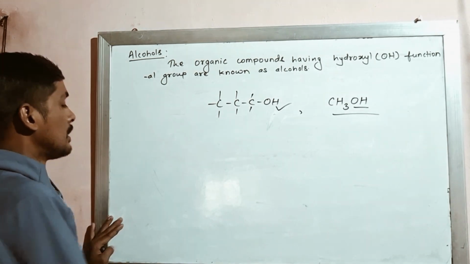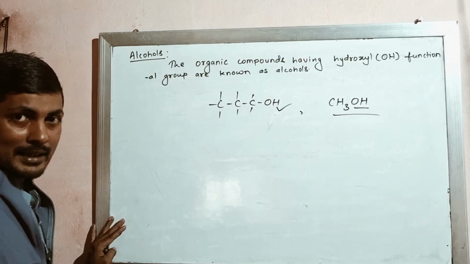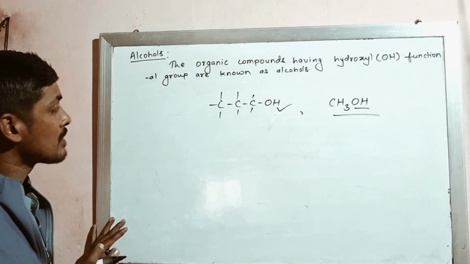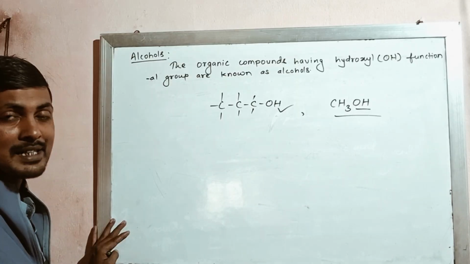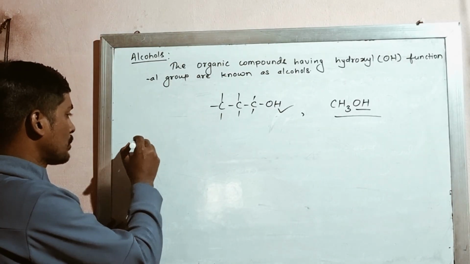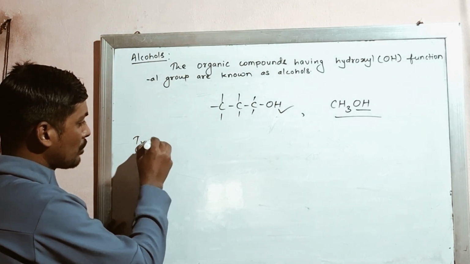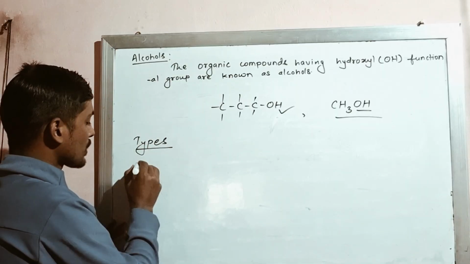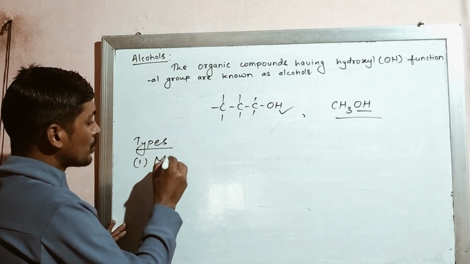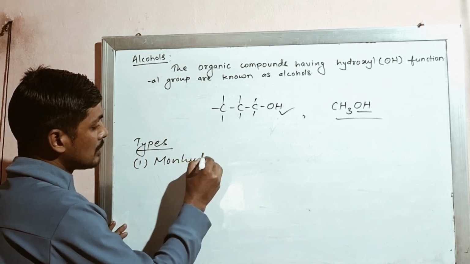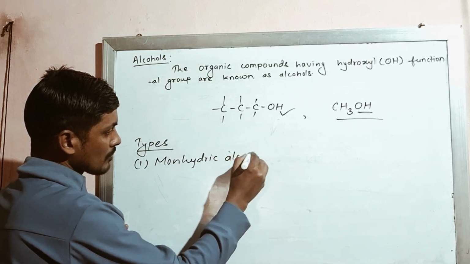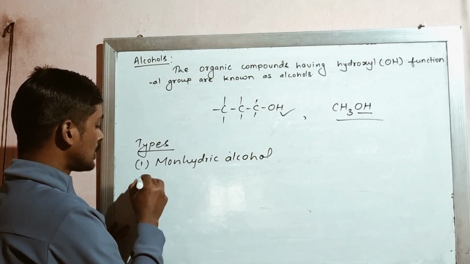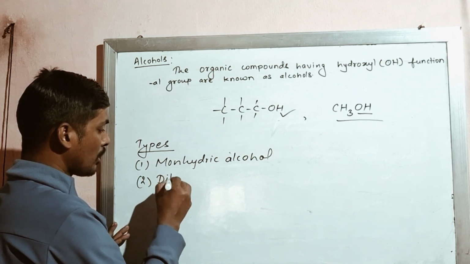Now these alcohols are basically classified into three types on the basis of the number of hydroxyl groups present in them. So those three types of alcohol, what are they? Let's see. Number one, monohydric alcohol. Number two, dihydric alcohol.